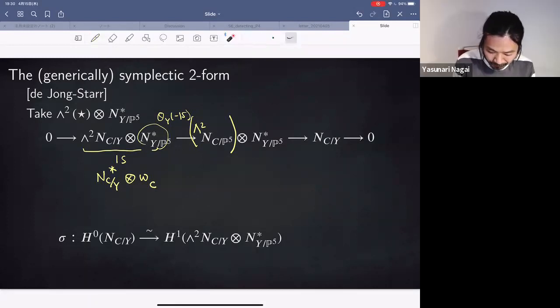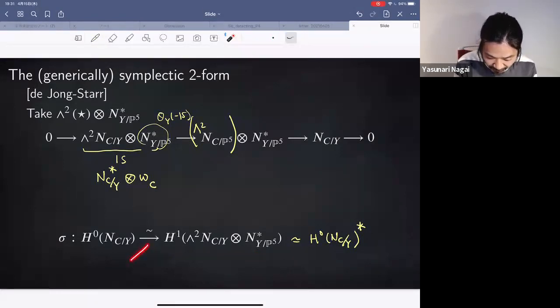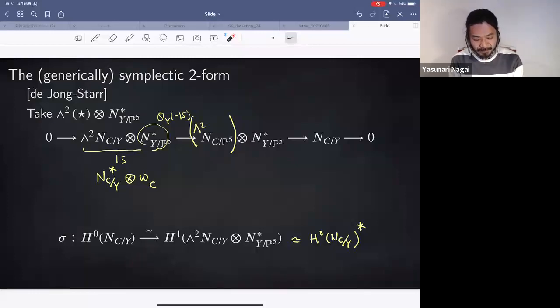So this thing is isomorphic to H0 of the normal bundle dual. And if you look at the article of De Jong and Starr, this is the construction of their two form.